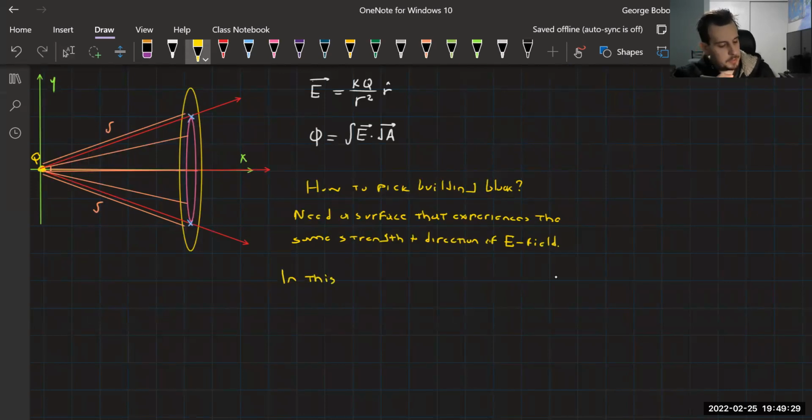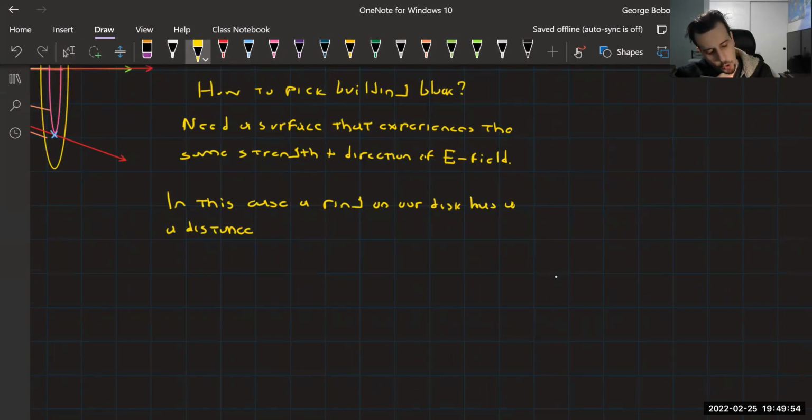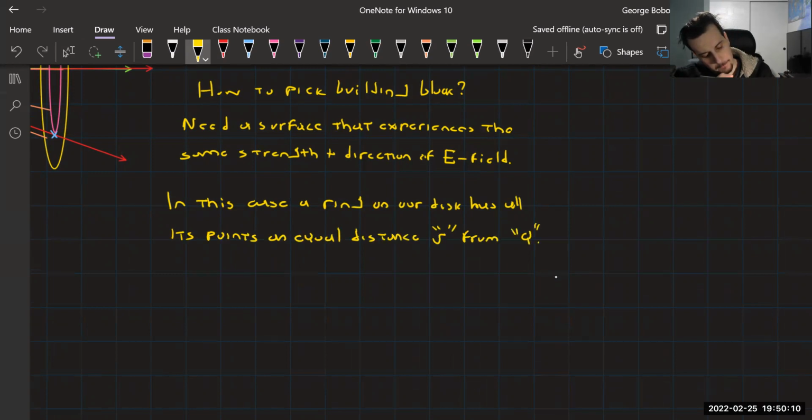In this case, a ring on our disk has all its points an equal distance R from Q. And since E is a function of curly R, all points on the ring experience the same strength of E field.